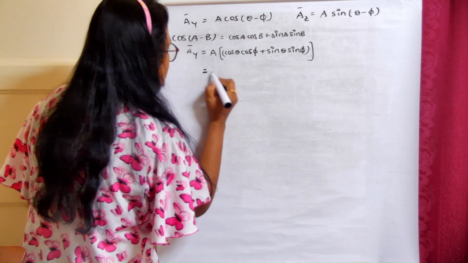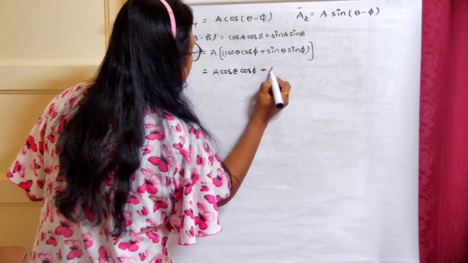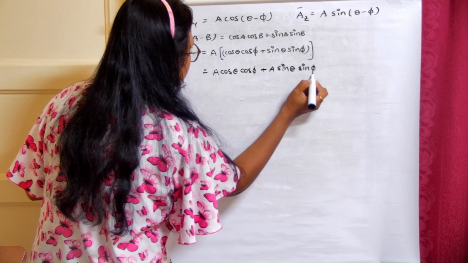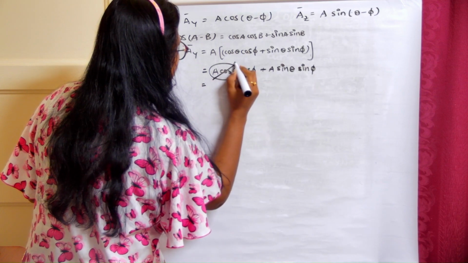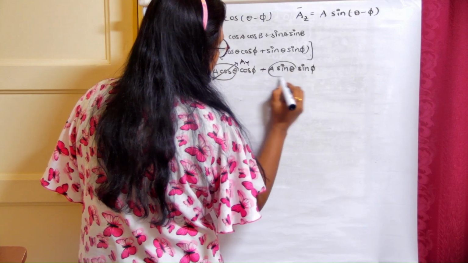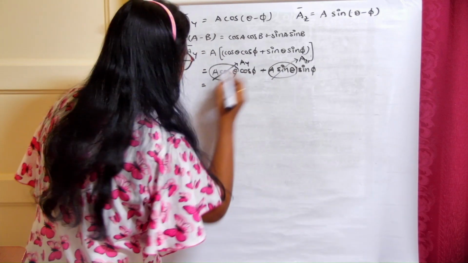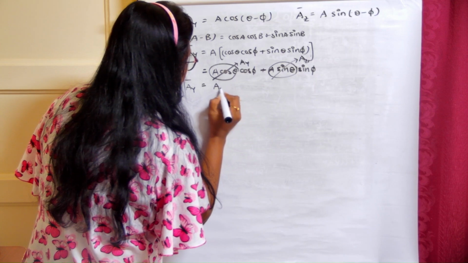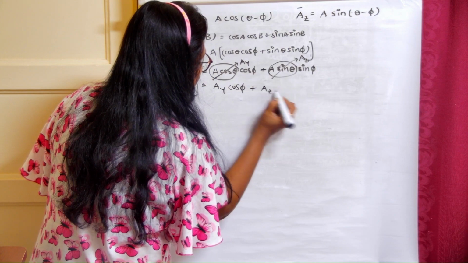So now let us split it: A cos theta cos phi, A sin theta sin phi. We know that A cos theta is nothing but Ay, that is the old y component of the vector A, and A sin theta is Az. So we can replace the terms, and finally we get Ay bar as Ay cos phi plus Az sin phi.